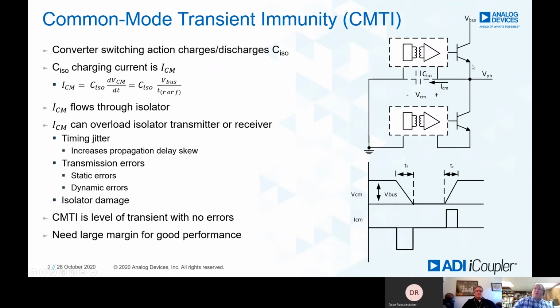As this node moves up and down, it charges the capacitance of the isolation barrier, so you have some current flowing through that capacitor, and that can cause disturbances to the gate drive's operation.